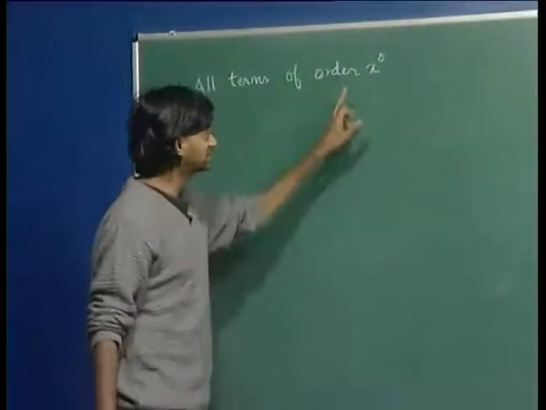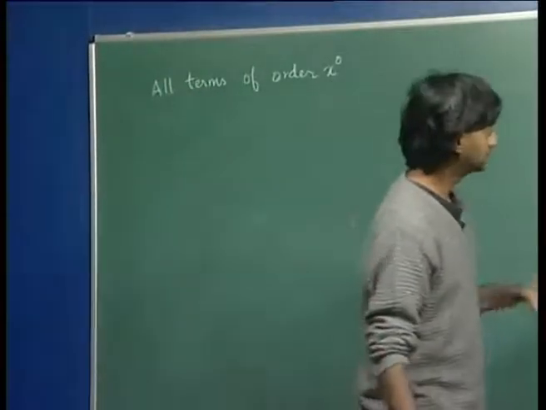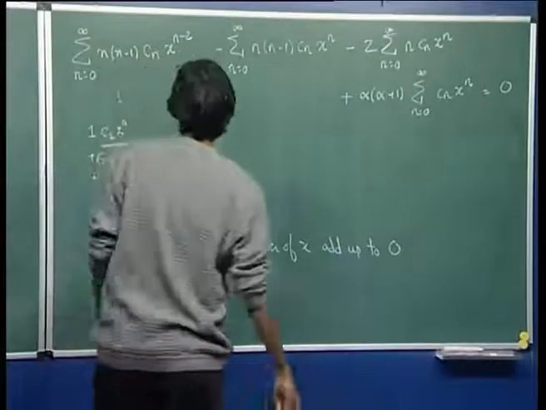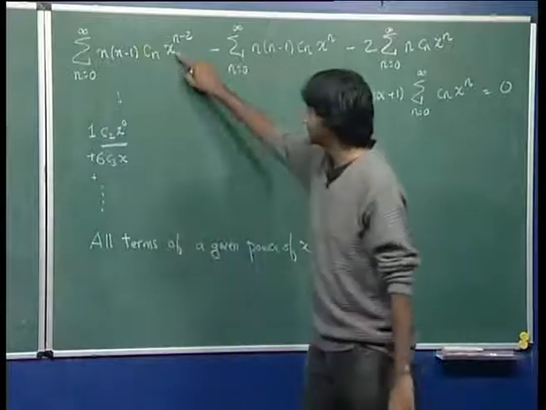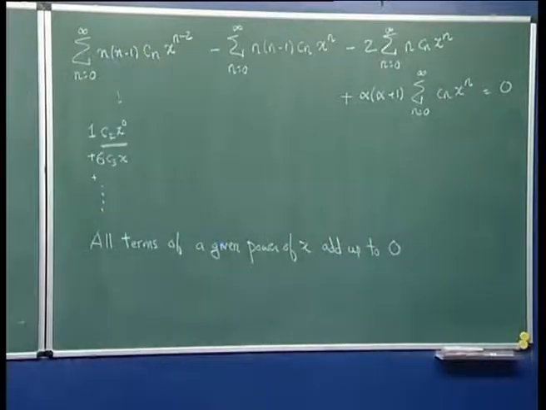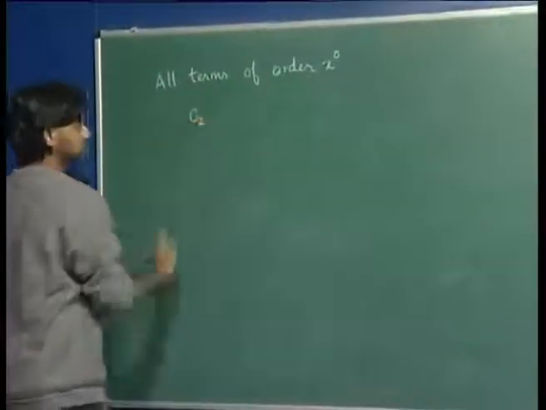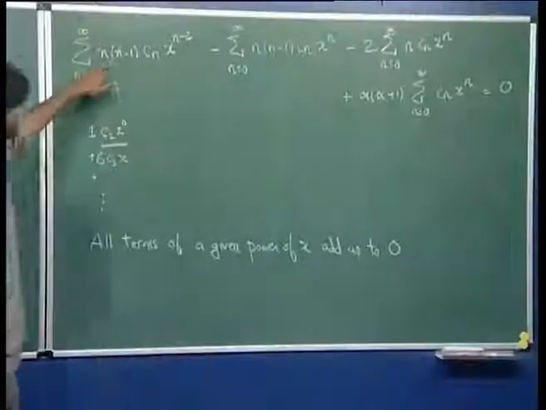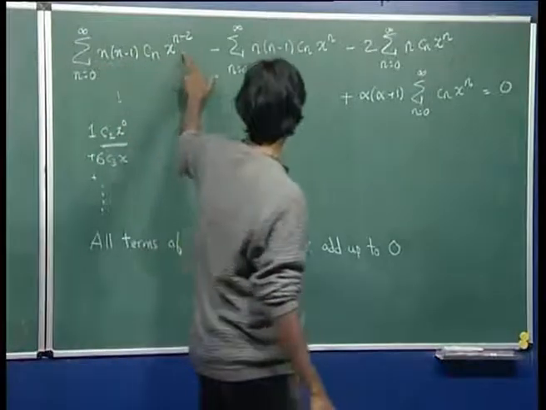So, all terms where the power of x is 0. Here the term with power of x 0 will be C 2. Okay. So, this has only one term where the power of x is 0.